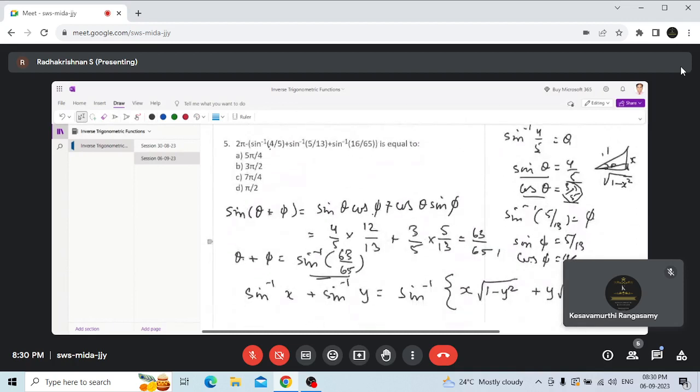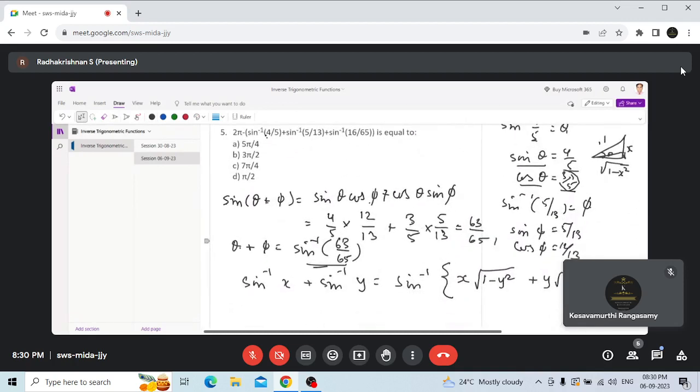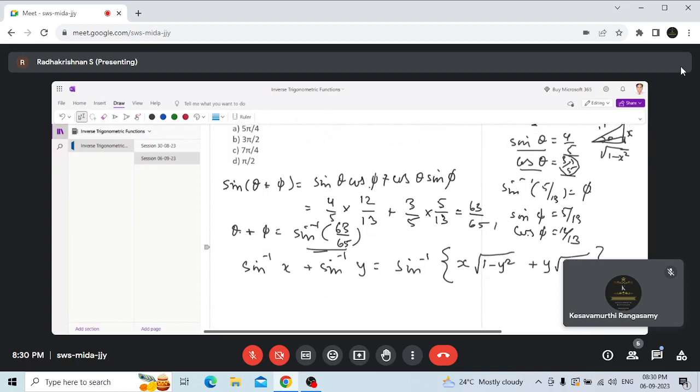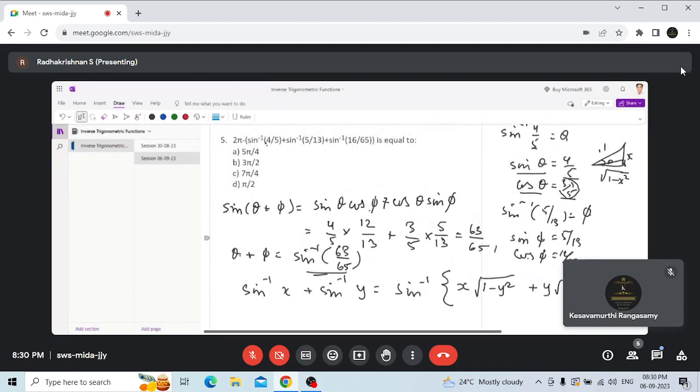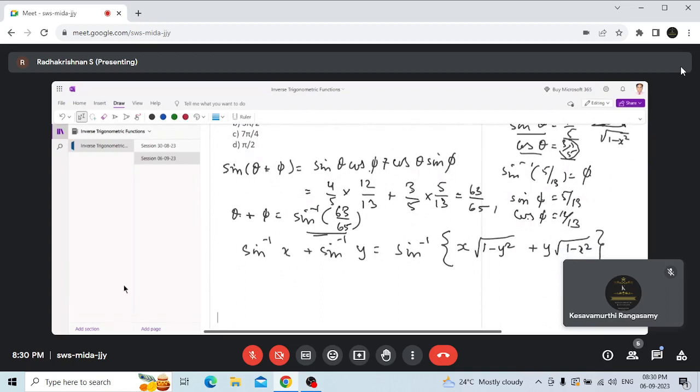Then next one we'll see. Next we have to add sine inverse of 16 by 65, right? Sine inverse of 63 by 65, we have to add to sine inverse of 16 by 65.